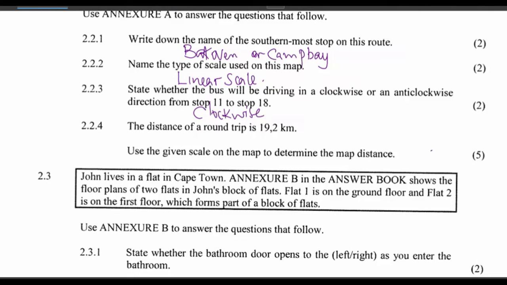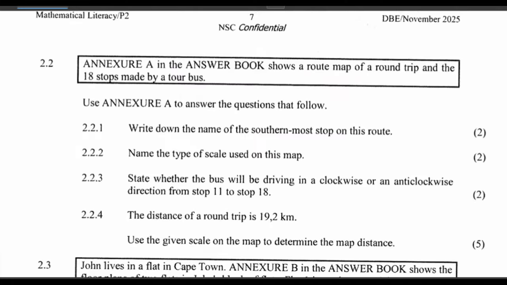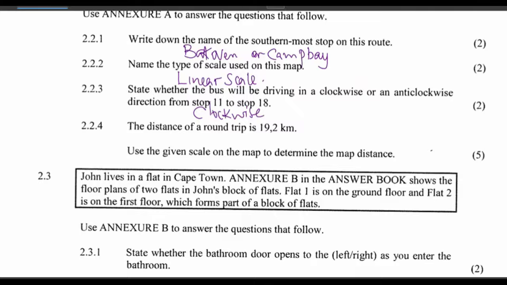When you measure the scale that we have here on the map, I got 12 millimeters, which is 1.2 centimeters. So on that scale, my 12 millimeters are equivalent to 500 meters.